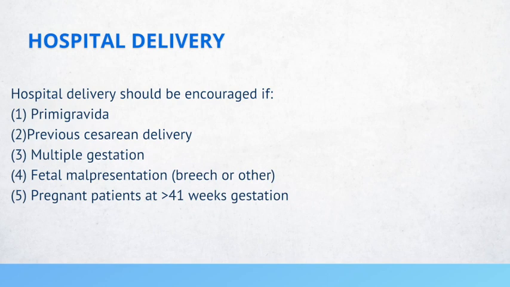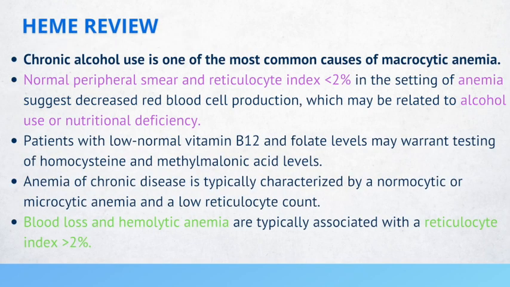Now let's do a quick heme review. Chronic alcohol use is one of the most common causes of macrocytic anemia. If a patient is anemic and they have a normal peripheral smear and reticulocyte index less than 2%, this may be related to a nutritional deficiency or alcohol use.